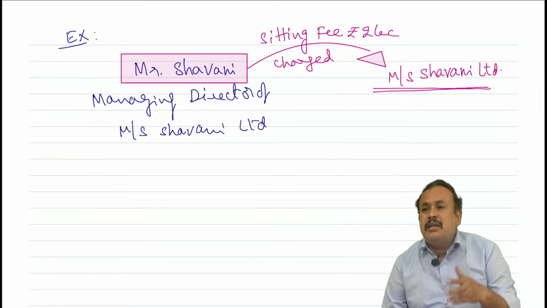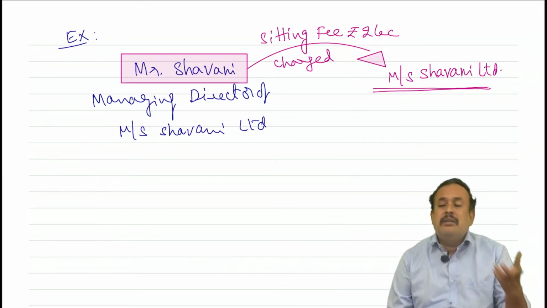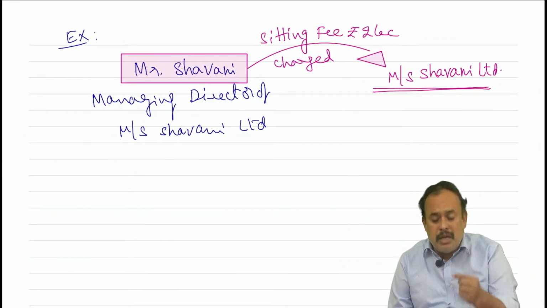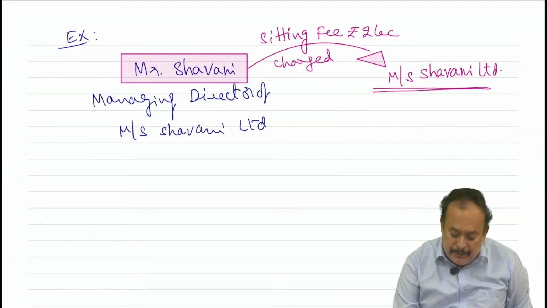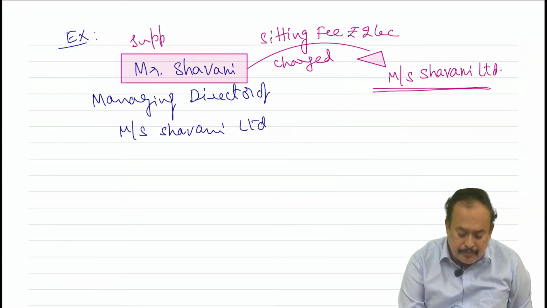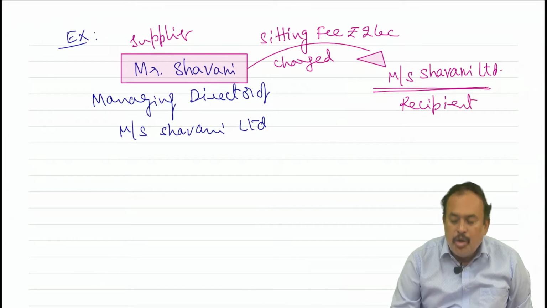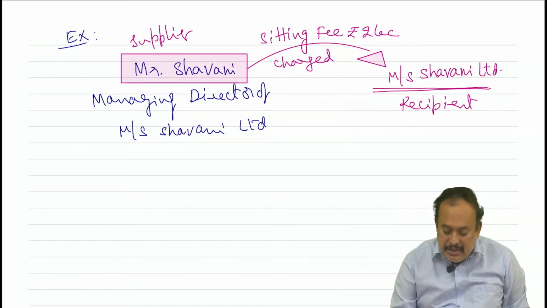Otherwise, I can say that this sitting fee is going to be taxed under income from other sources, not under the head salary, in the hands of Mr. Shavani, resulting in this supply made by him. He is the supplier, and the company is the recipient. Who is liable to pay GST here means it is a supply.